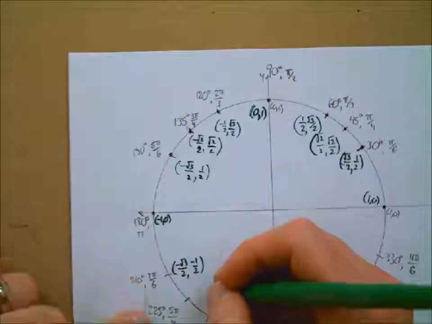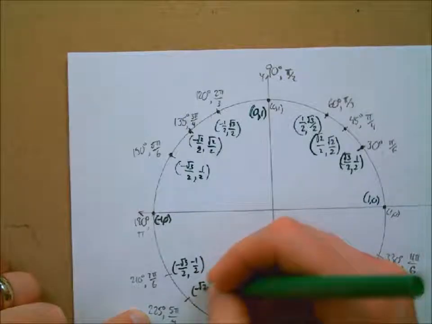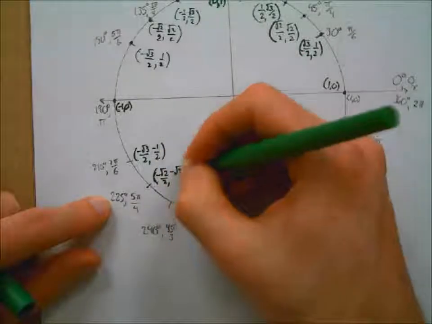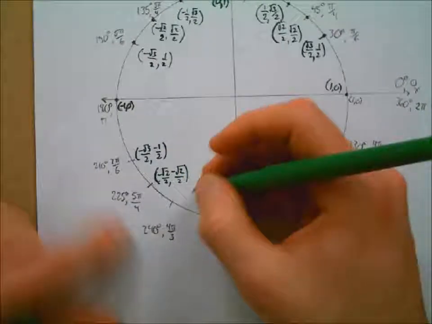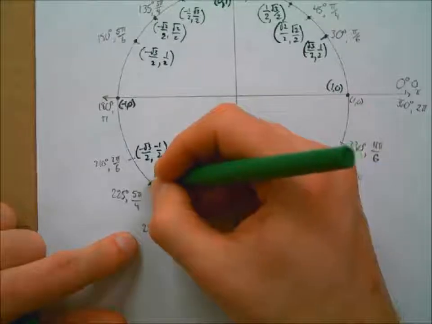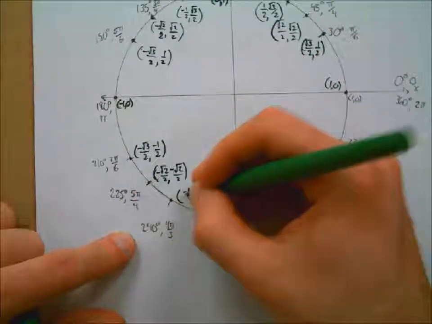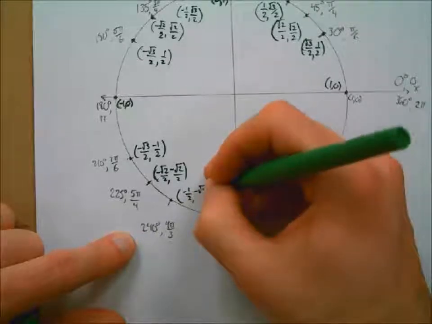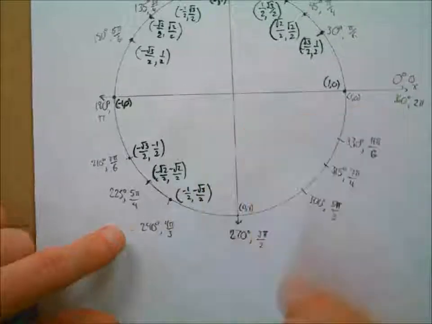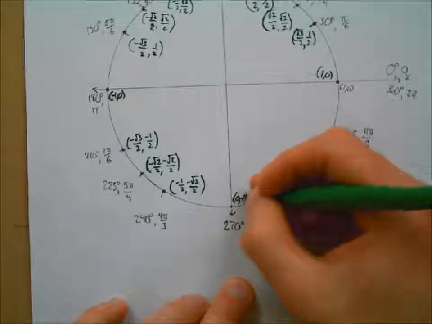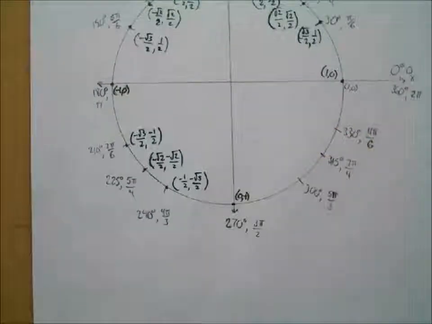And then here, negative root 2 over 2, comma, negative root 2 over 2, for 225 or 5 pi over 4, and then negative 1/2, comma, negative root 3 over 2 for 240. 270 is 0, negative 1. We already had that one there. Okay, so I'll let you guys write that real quick, and then we'll finish off the rest.